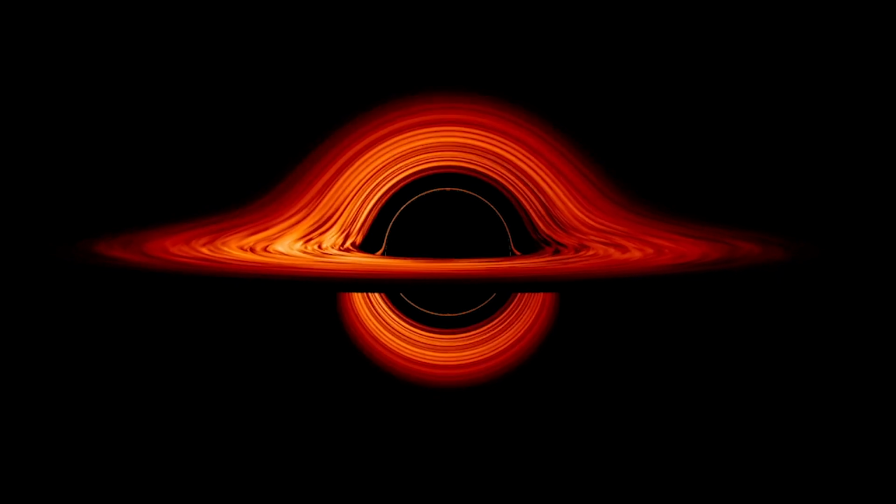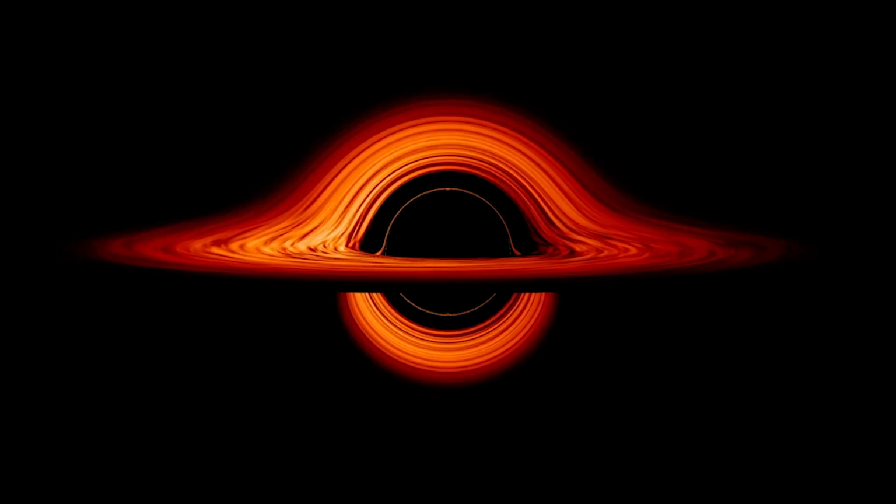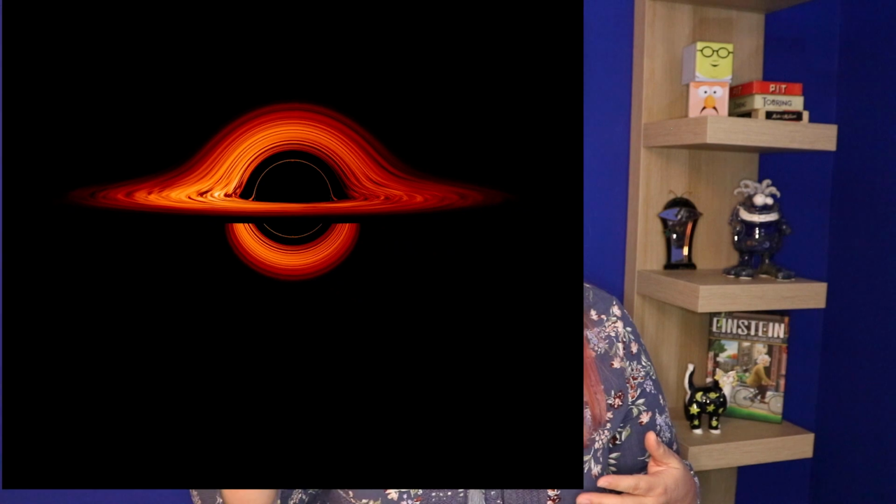This accretion disk is actually a flat disk, but the gravity is so strong that it is bending the light from the accretion disk that's on the backside of the black hole towards us. And that's why it looks like there's this loop around the black hole plus the little disk in front. That's an optical illusion caused by the really strong gravity of that black hole.